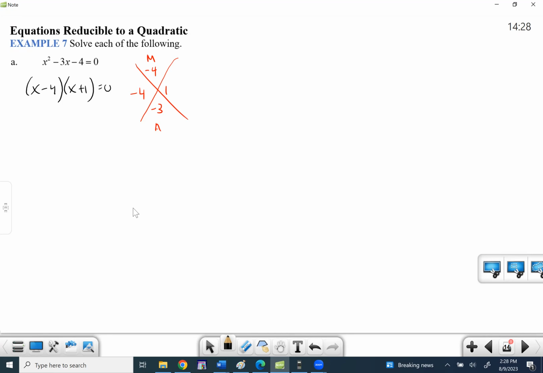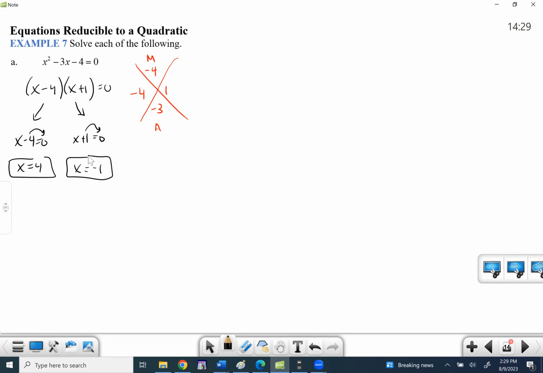All right, now we're using the principle of zero products, which says if A times B equals 0, then either A equals 0 or B equals 0, right? So we're going to set this piece equal to 0. And we're going to set this piece equal to 0. So if we move the 4 over or add it over, we'd get +4. And if we move the 1 over or subtract it over, we get -1.